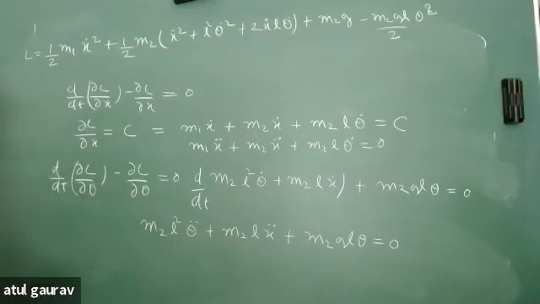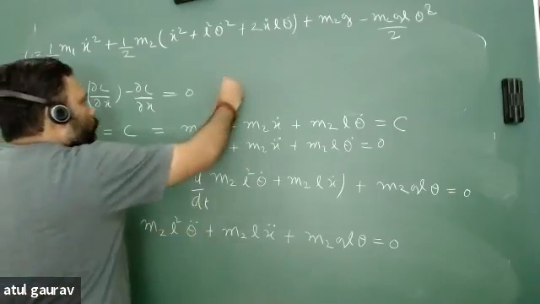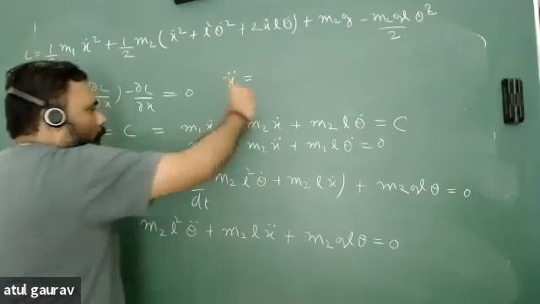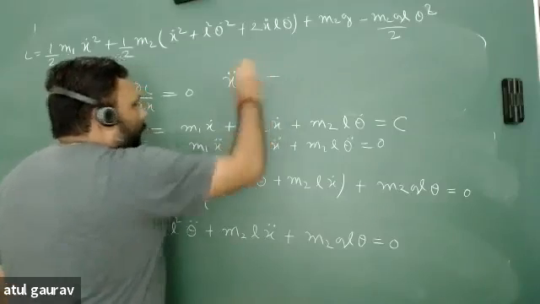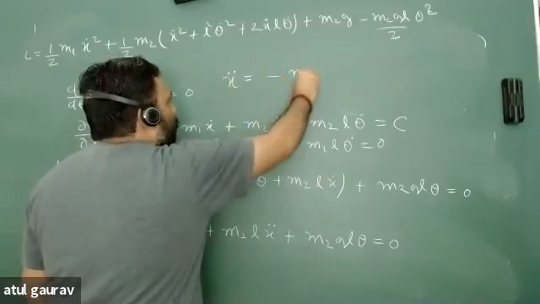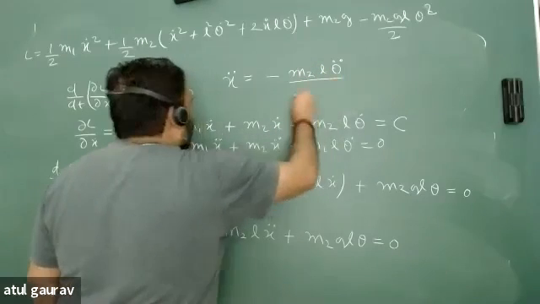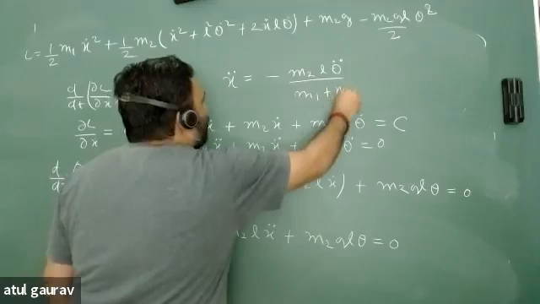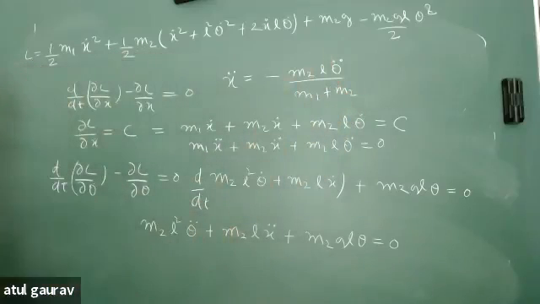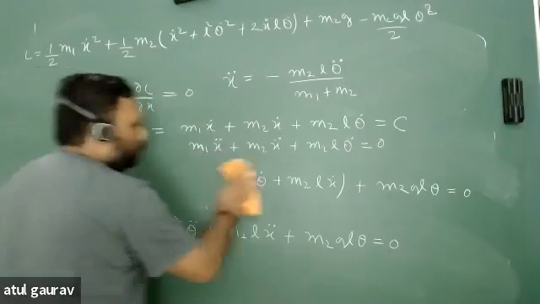From here x double dot is equal to minus M2 L theta double dot by M1 plus M2. Now I can put it here, and this equation will be a very interesting equation, you can see.